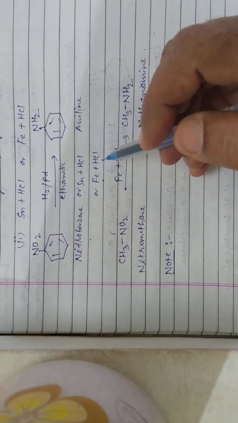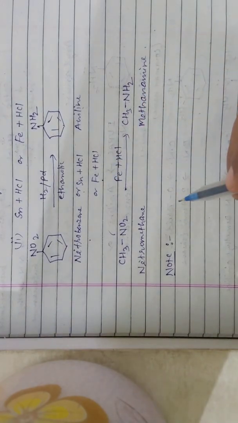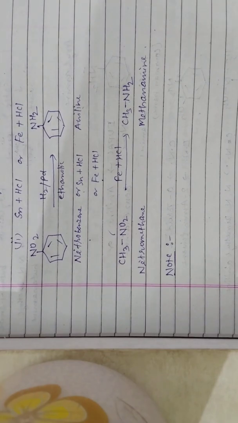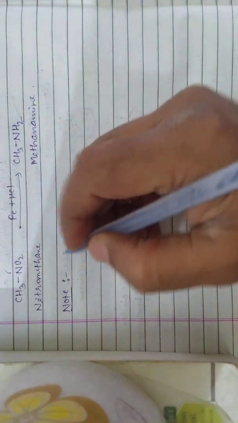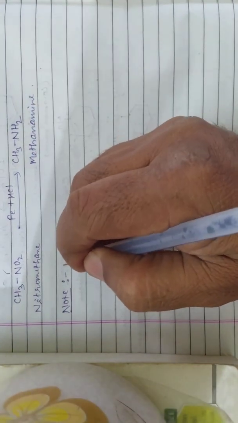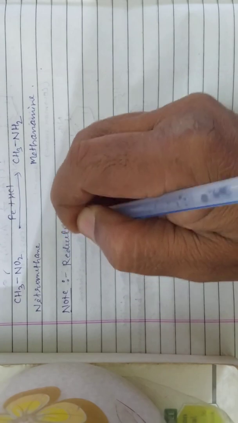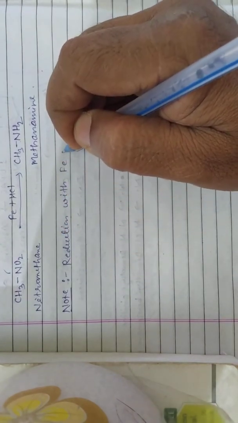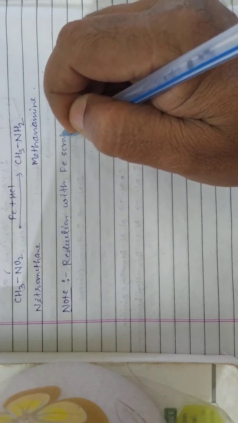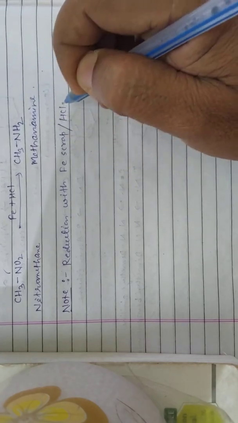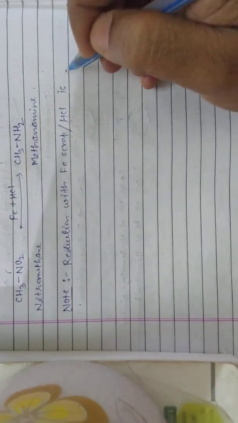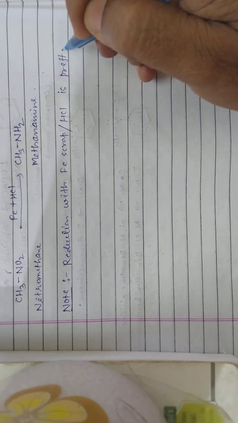Scrap Fe and HCl. Why? Because reduction with Fe scrap with HCl is preferred. Why is it preferred?